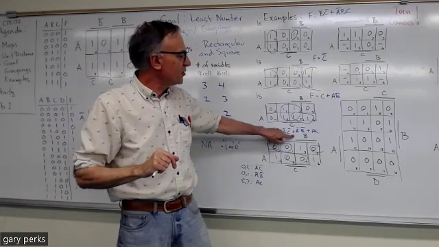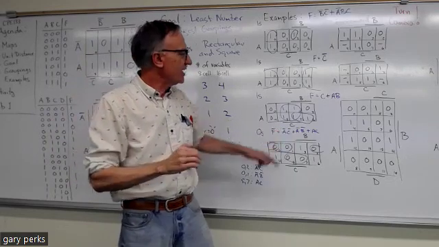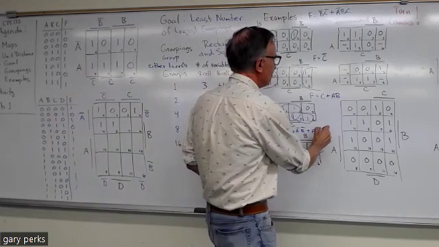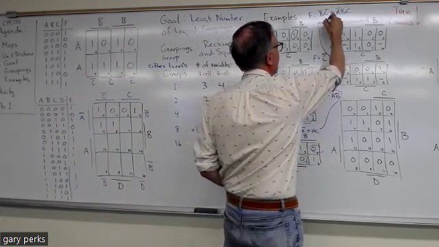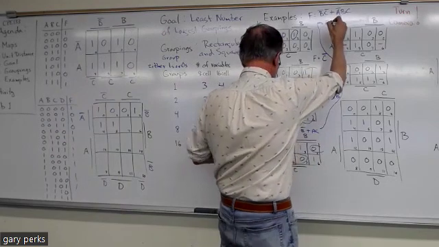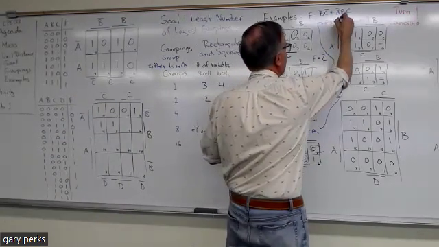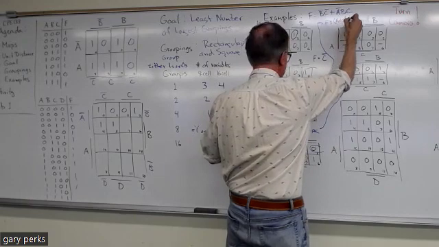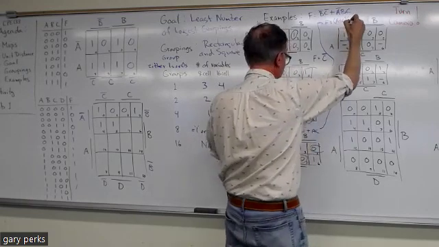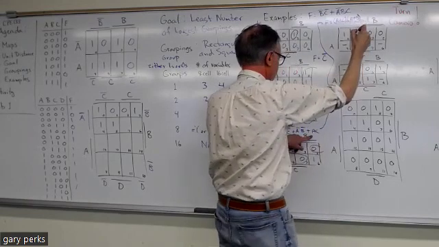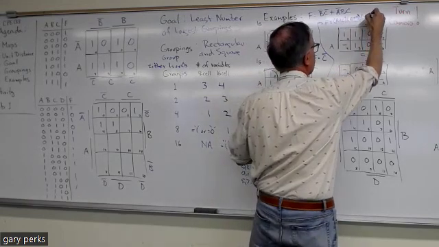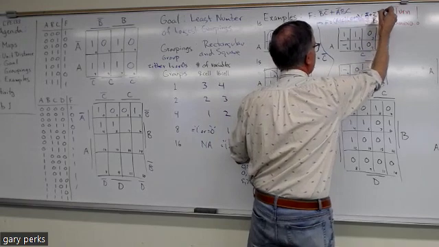And so ands would go to ors, and then these ors would go to ands. So, for example, up here we would write F, and then this would become A or C, and then that's ANDed with A or B, and then that's ANDed with not A or not C.